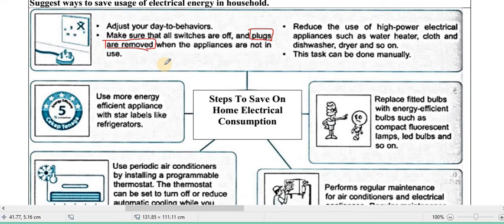But in Malaysia and other normal countries, the vast majority of countries, they have a switch, we have a switch. So if you turn off the switch, it's okay already. There's no more current flowing in your TV. Understand?